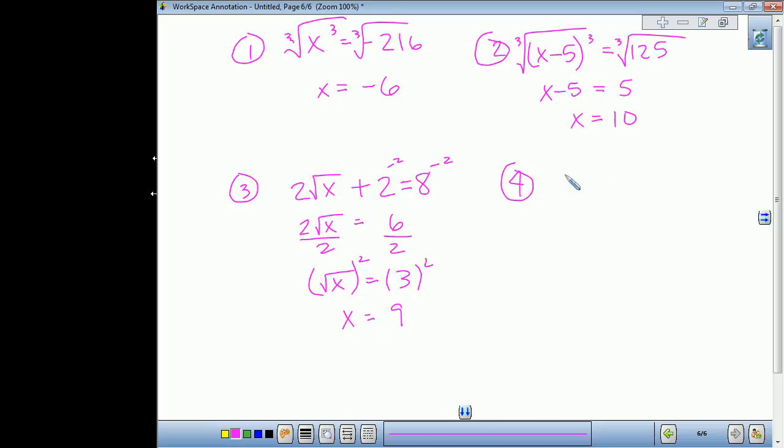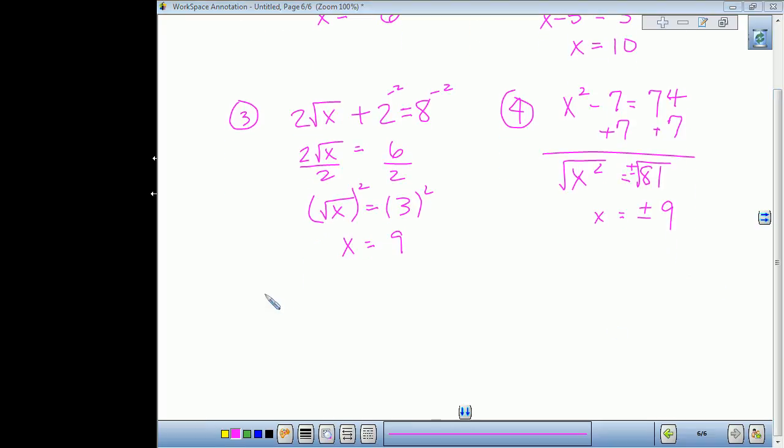Number 4, x squared minus 7 equals 74. We would have to add 7 to both sides. And so we get x squared equals 81. And so we take the square root. Now, when you take the square root, you get plus or minus. Anytime it's an even root, plus or minus. Odd roots, no. Even roots, yes.